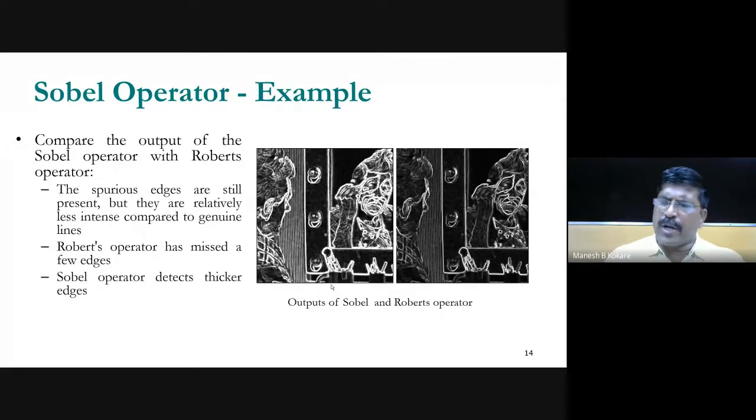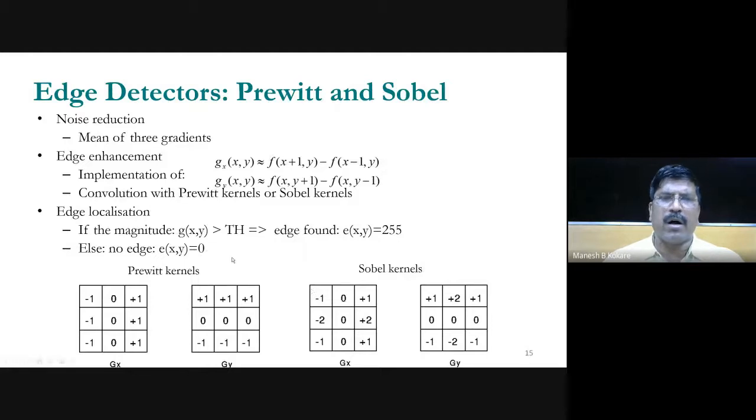There is one more operator that is called the Prewitt operator, which is just like the Sobel operator. The only thing is that they have given equal weightage to all the neighboring pixels under consideration. In case of the Sobel operator, the central pixel is given more importance as compared to the side pixels. But in case of the Prewitt operator, this is not like that. This is not +2, it is only +1. So +1, +1, and +1, and then -1.